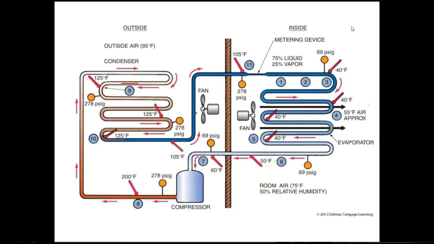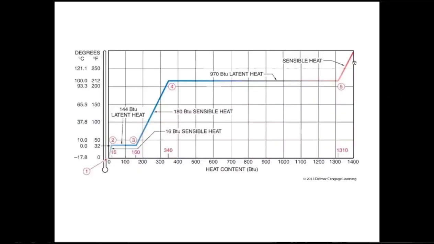Remember, when we talked about sensible heat, let's take a look at that in this chart here. So here's the point where the refrigerant enters the evaporator coil. It's at 75% liquid, 25% vapor. And as it travels through the evaporator coil, it's picking up all of the heat and changing state. And that's where all the heat energy is absorbed into the refrigeration system.